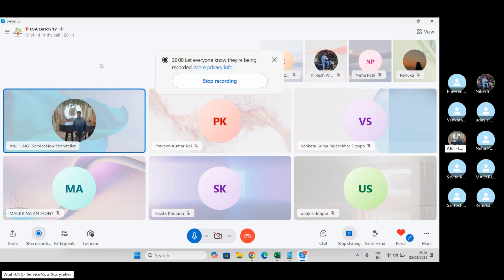The car which is standing in your parking is an asset. As soon as that car goes to the garage, it becomes a CI. Did you understand anything or not? Come on, at least say something.